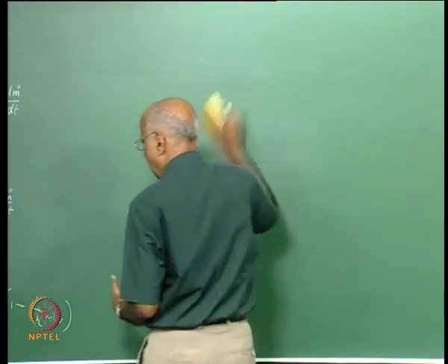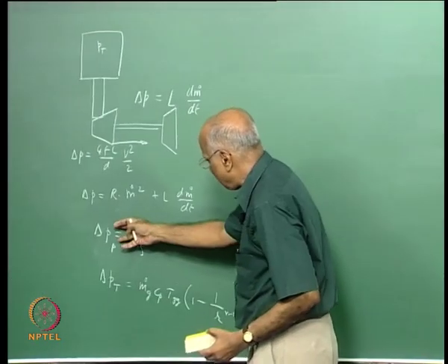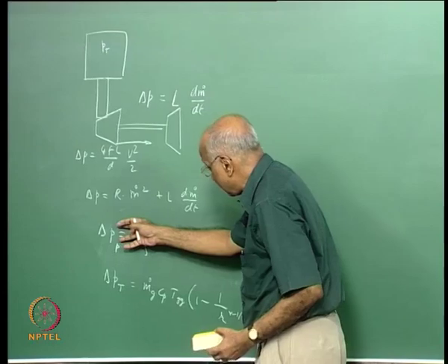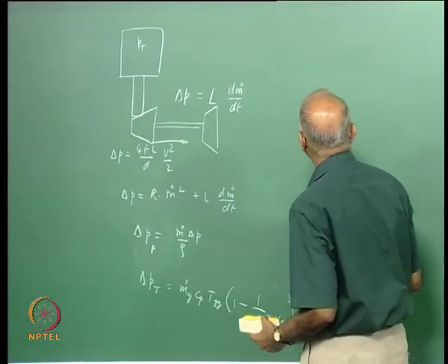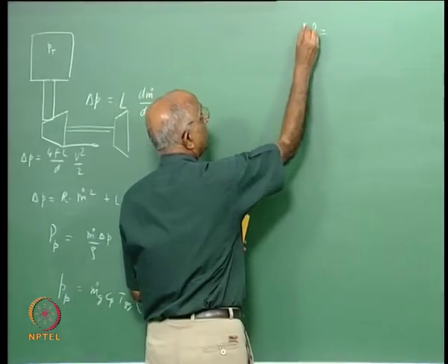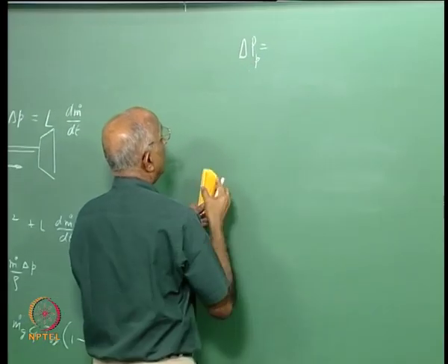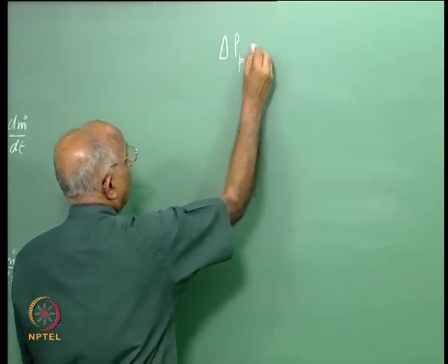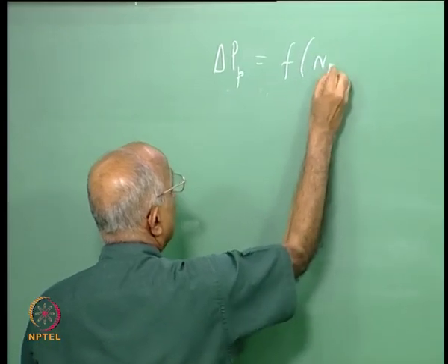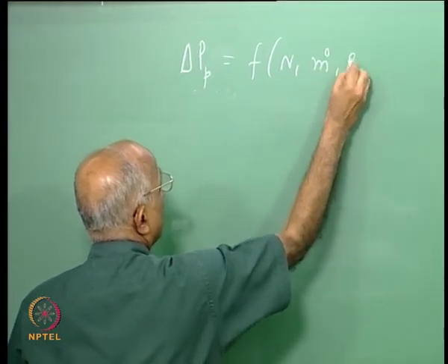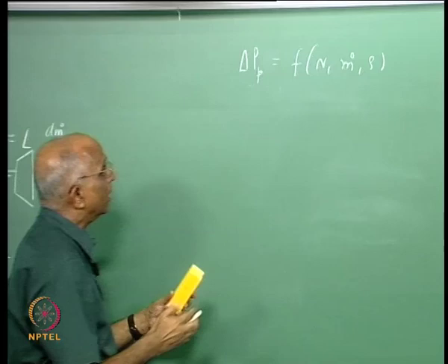I know the pressure rise across a pump and the pressure drop across a turbine, and supposing I want the delta P across a pump, it depends, as we saw from non-dimensionalization, on the speed, on the mass flow rate, on the density, or Q and rho.